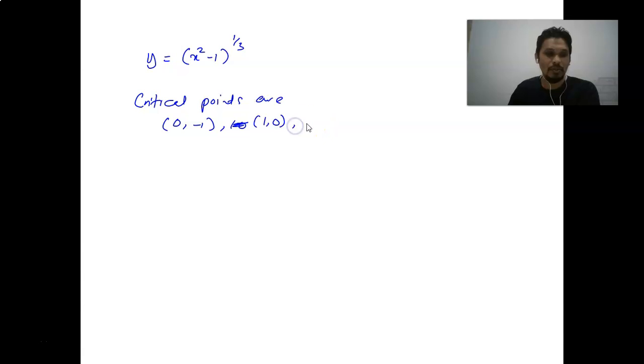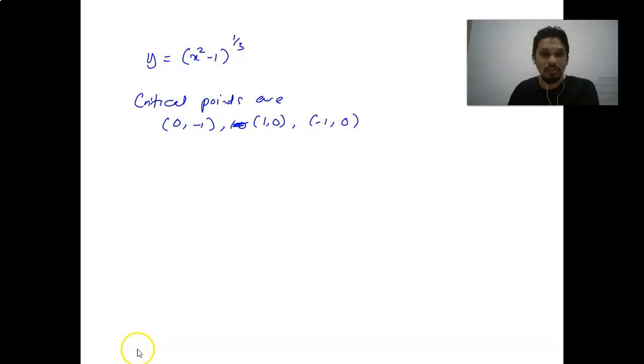Y equal to x squared minus 1 to the power of 1 over 3, and the critical points, we list everything just now. We list 0, negative 1, 1, 0, and negative 1, 0.